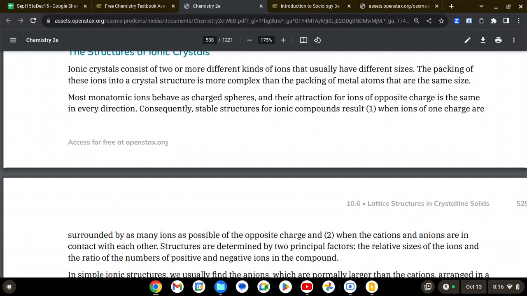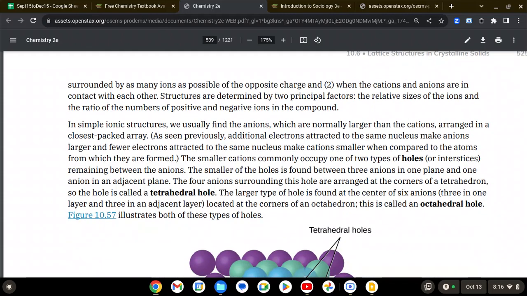Consequently, stable structures for ionic compounds result when ions of one charge are surrounded by as many ions as possible of the opposite charge, and when the cations and anions are in contact with each other. Structures are determined by 2 principal factors: the relative sizes of the ions and the ratio of the numbers of positive and negative ions in the compound.